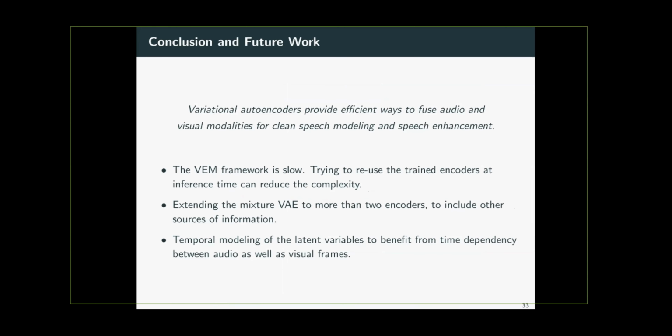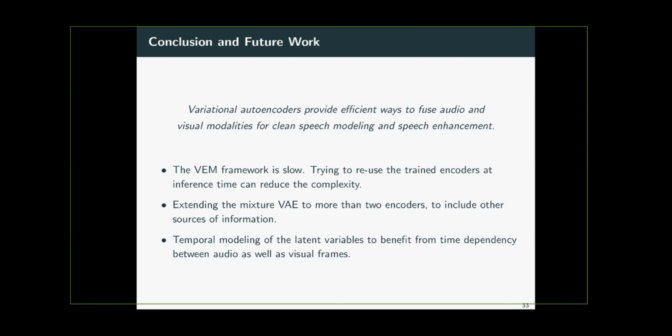So I think I'd rather stop here. I wanted to extract some quick conclusions. First of all, VAEs are really nice to model speech and are very useful to then combine these probabilistic speech models with a probabilistic noise model and run an EM algorithm for the speech enhancement phase.